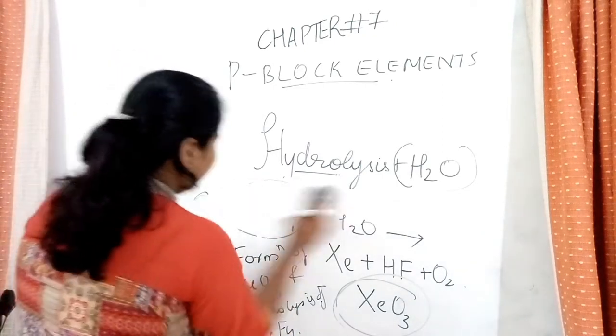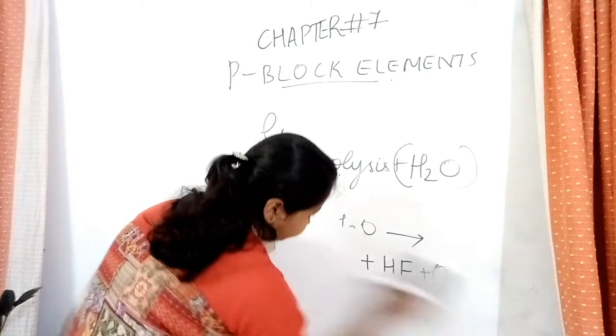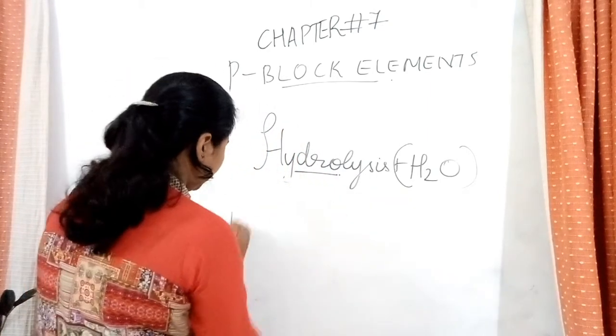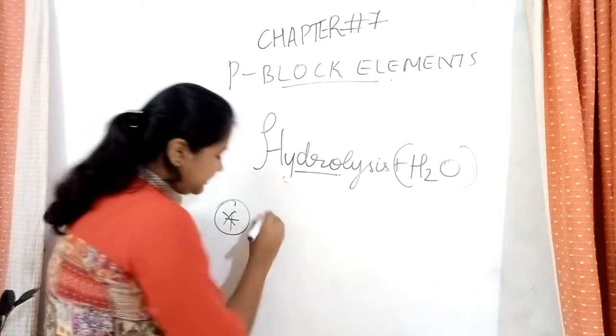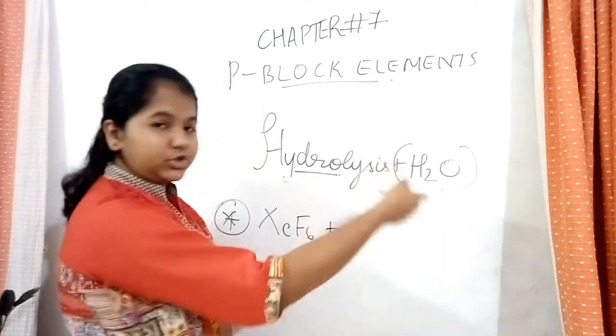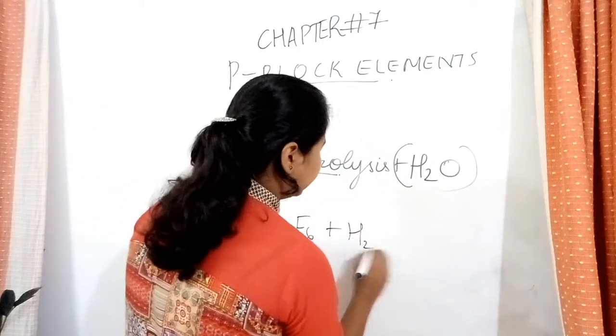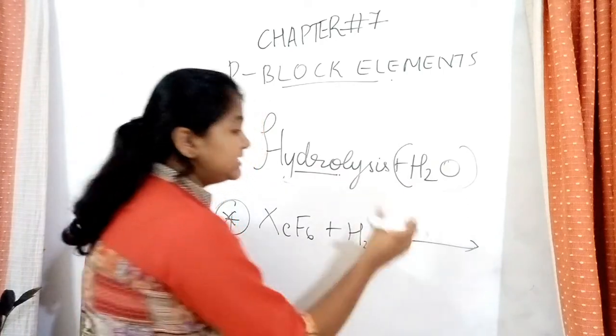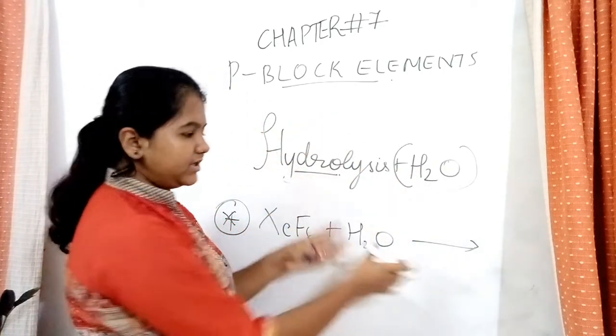So now let's see the last equation, with XeF6. XeF6 plus H2O, because it is hydrolysis, would give rise to, first we'll write it, this is not similar to the previous one, the products.